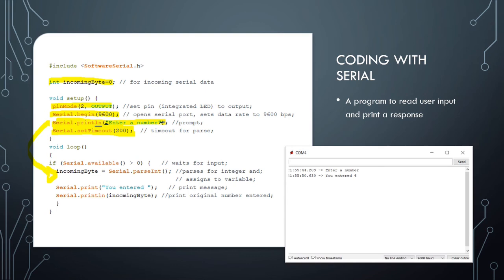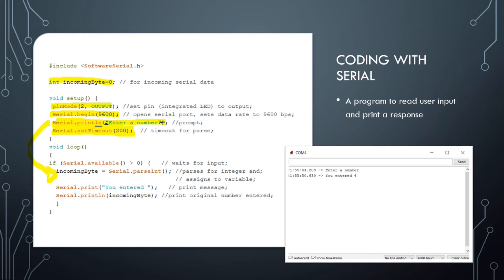That command is just serial.setTimeout, and then 200 is a standard number that you can drop in there. So anytime you're using serial parse to read in an integer, you'll want to use your serial.setTimeout in your setup. So we've declared serial begin, we've printed the text enter a number, and we've set our parse timeout. Now we can go to our void loop.